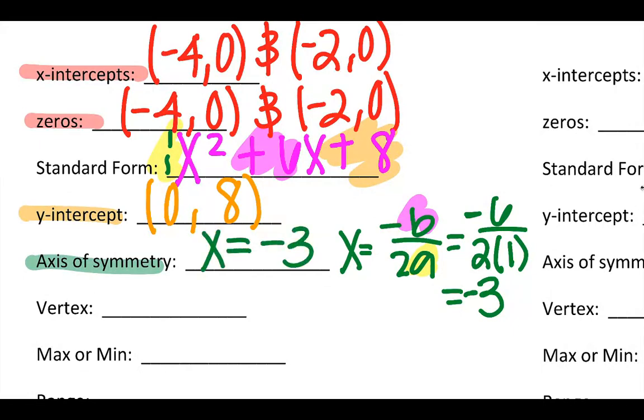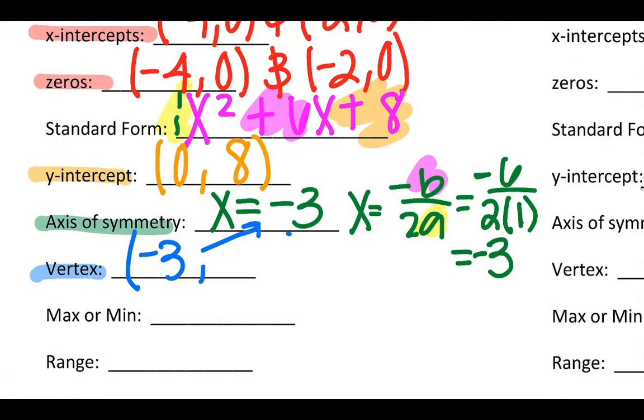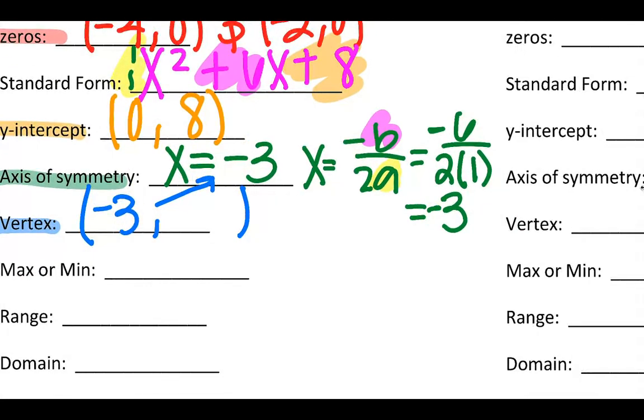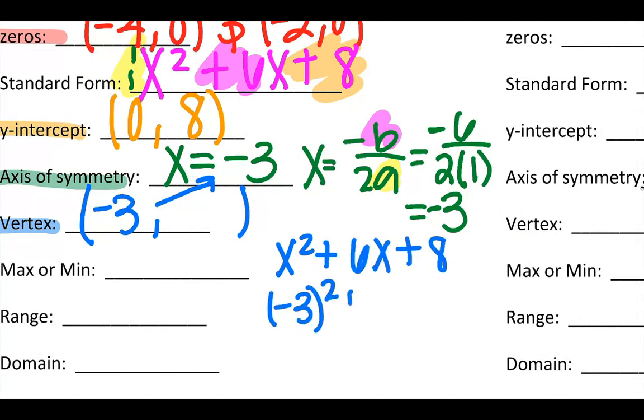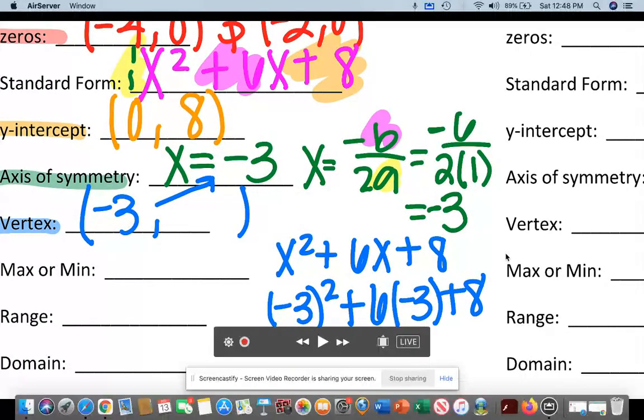When I try to find my vertex, I have half of it already. The x part of the vertex is negative 3. I'm getting that from my axis of symmetry. To get the y part, I've got to plug in to x squared plus 6x plus 8. I'm plugging in negative 3 everywhere I see an x. And again, I'm going to cheat, plug it in Desmos.